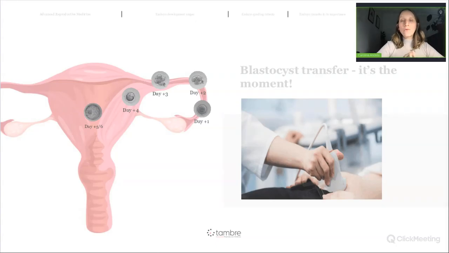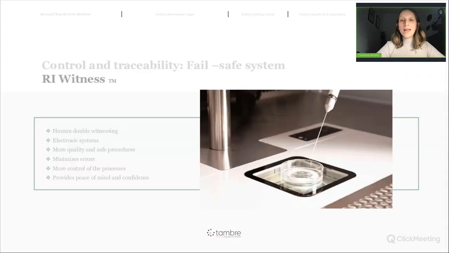So this has allowed us to extend the culture, which helps us synchronize better the moment of the transfer with the moment of the embryo. We know that the embryo has to be at blastocyst stage at the uterine cavity in order to have higher chances of implantation. So that's why it's the moment to transfer.